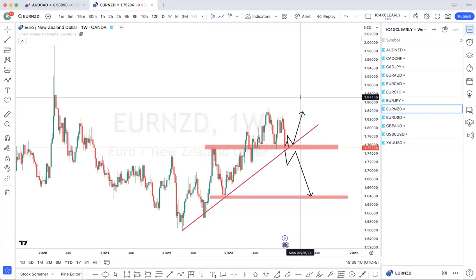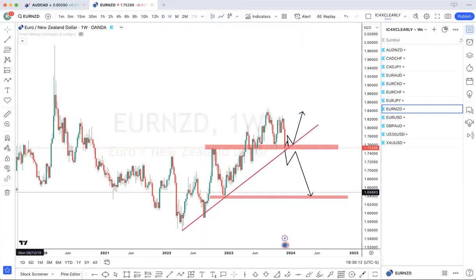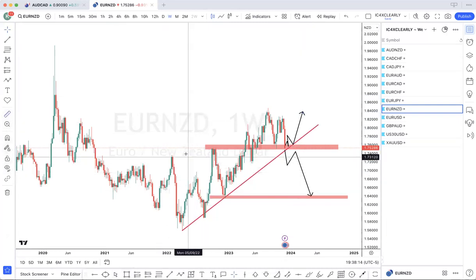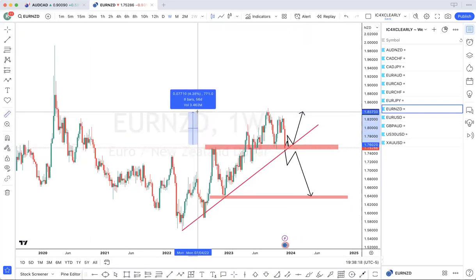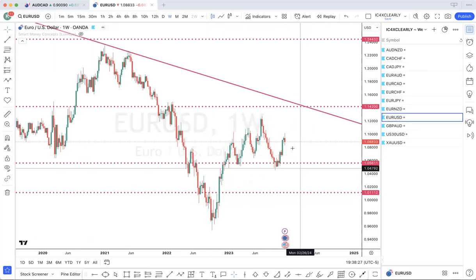Okay. So from this zone here to here is about 700 pips, if not more. All right, Euro USD.